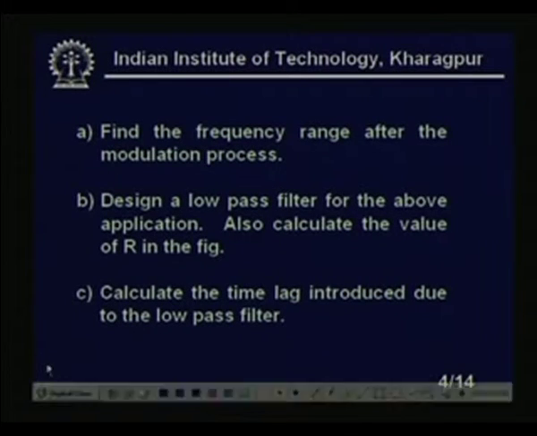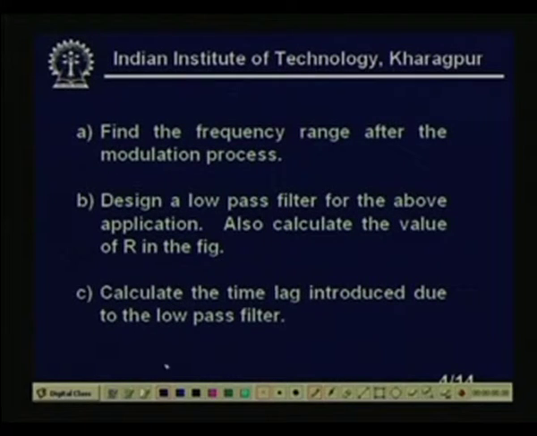Now, take a blank page. The diode bridge shown in the figure, as you know, acts as a phase sensitive demodulator. Now, the frequency of the motion is 500 hertz.